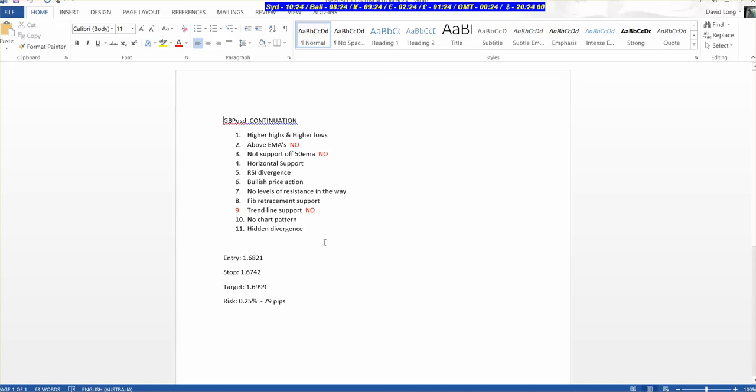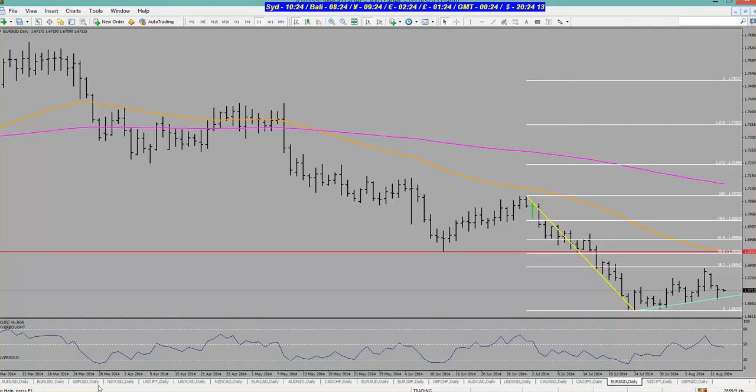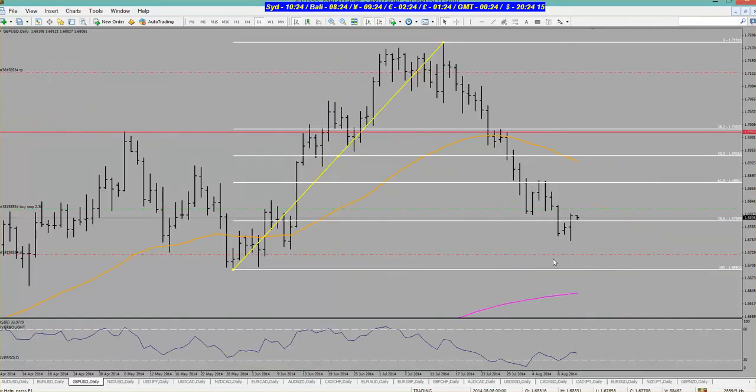No chart pattern, and hidden divergence. That's bullish. I'd say bullish reversal divergence in my notes. I'd say that's RSI bullish divergence. Because you've got bullish reversal divergence across here. Yep.